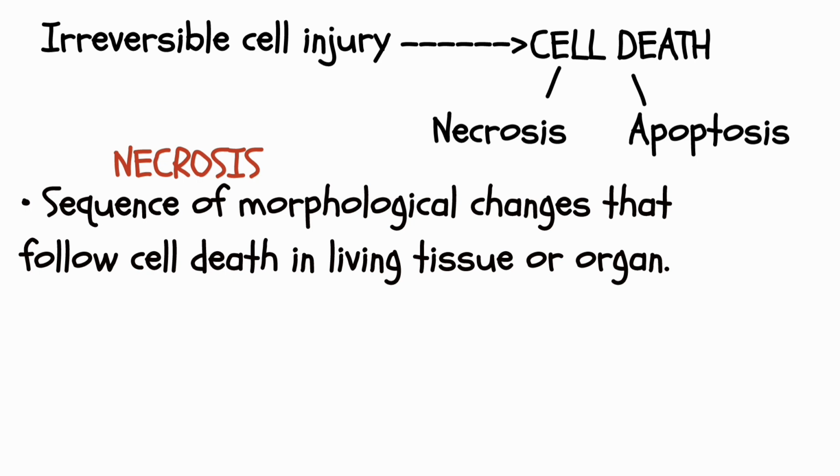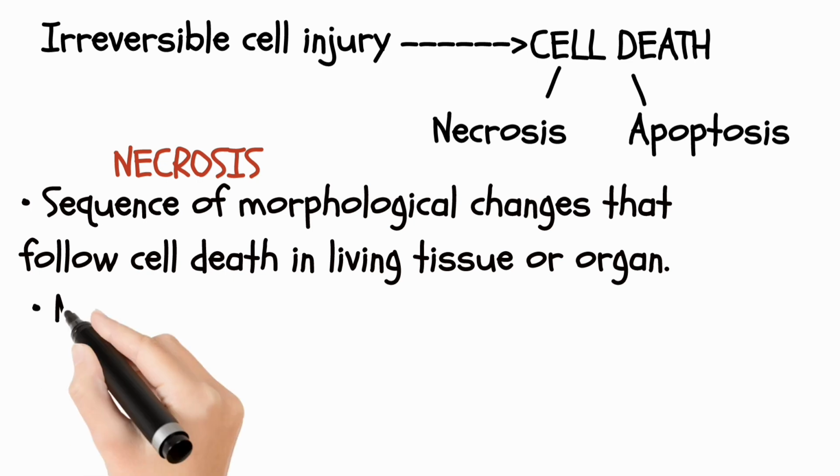Now, necrosis results from the action of degradative enzymes on the irreversibly injured cell. Remember that the lysosome, which is a membrane-bound organelle within the cytoplasm of the cell, contains hydrolytic enzymes, and these hydrolytic enzymes become released from the lysosome when the membrane of the lysosome is damaged due to cell injury.